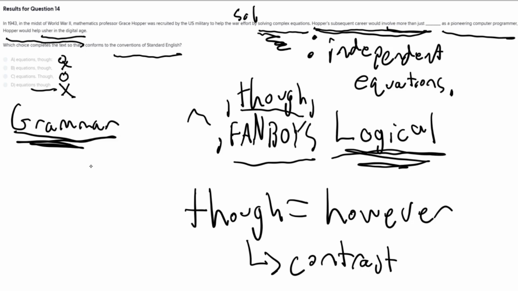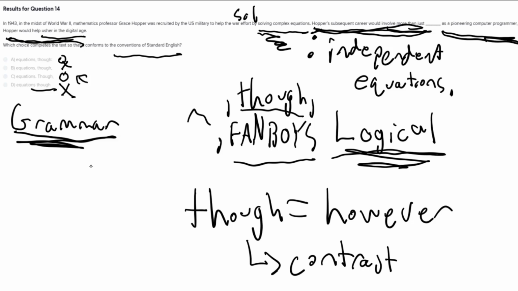In contrast, C has though afterwards. So this sentence would basically be contrasting the idea that as a pioneering computer programmer, Hopper would help usher in the digital age. Does that contrast the idea that Hopper's subsequent career would involve more than just equations?